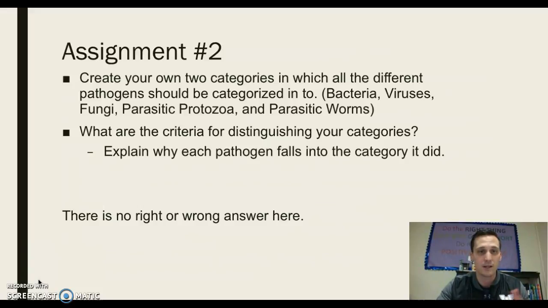Be specific in explaining why each pathogen falls into the category it did. Be creative in what your parameters were for creating these categories, but each one should have a place. None can be left out. There's no wrong or right answer here. Just do some critical thinking, put them in, and be able to back it up.